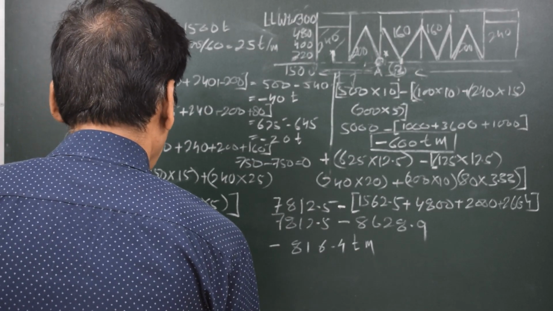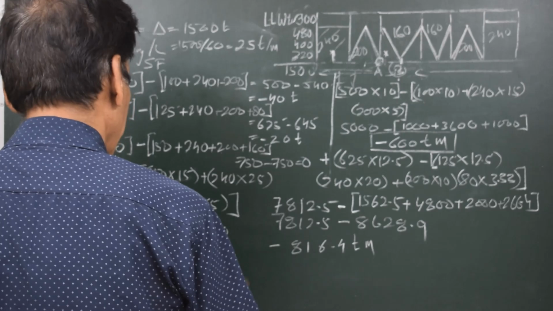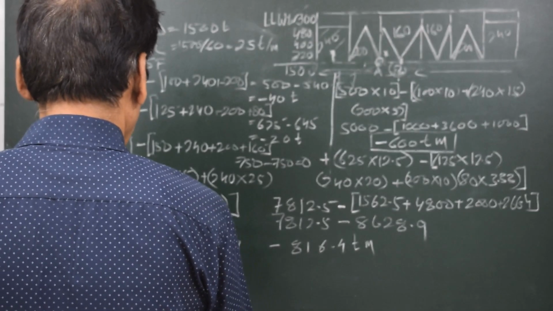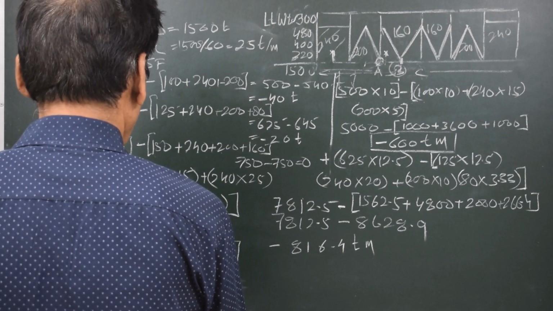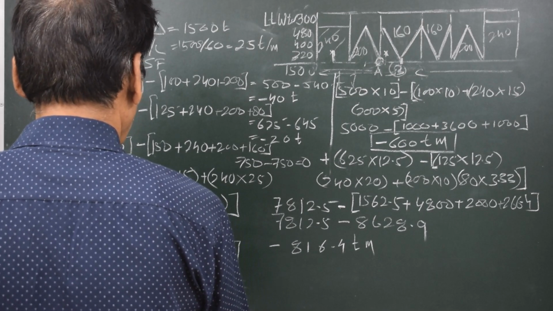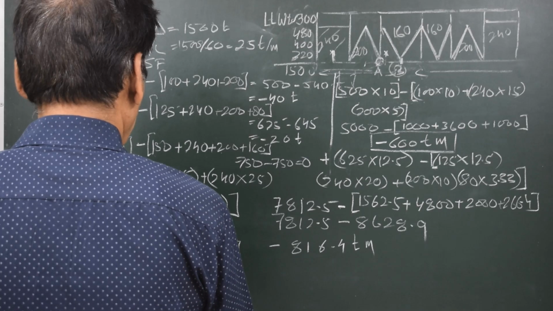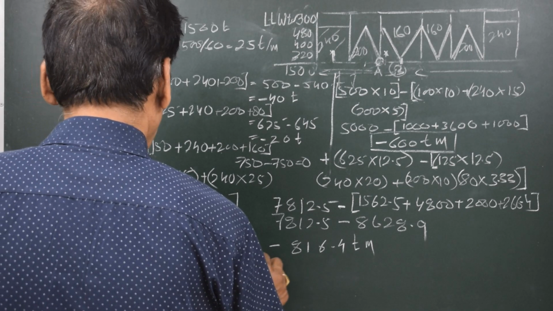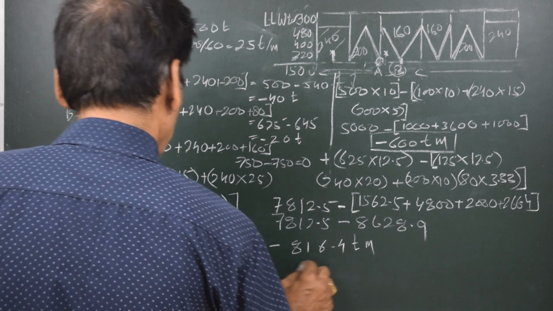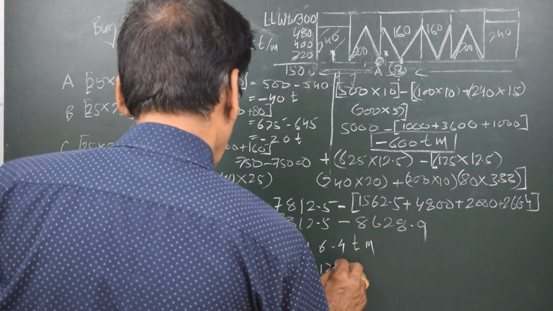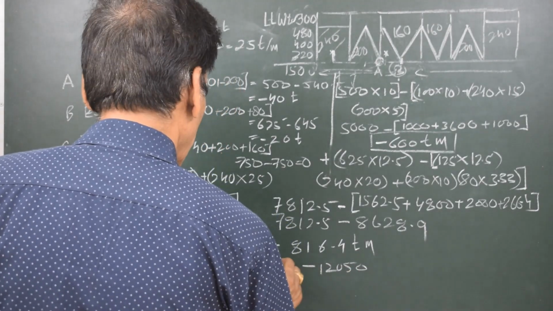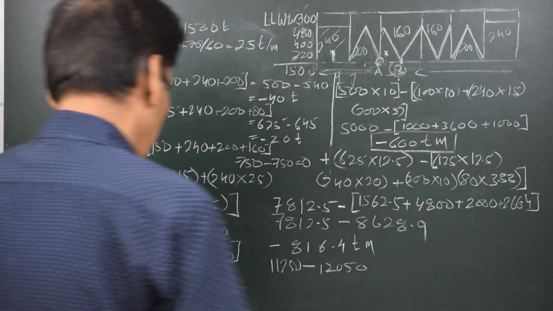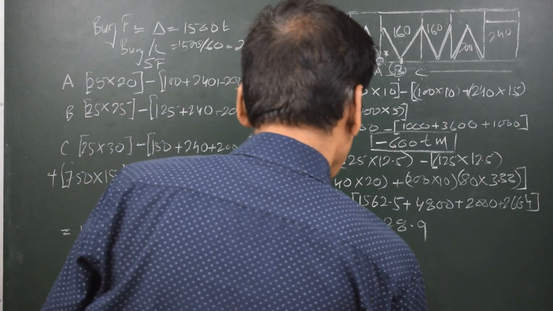And then 800, right? So the total is 6 plus 3, 9,000, 11,000, 250, that is 12,050. 12,050 is negative, and the positive is 11,250. And what is the difference?